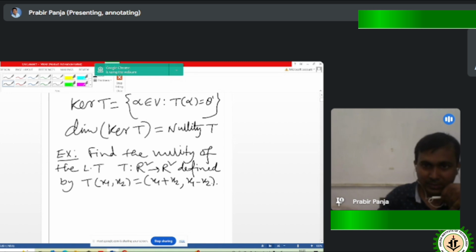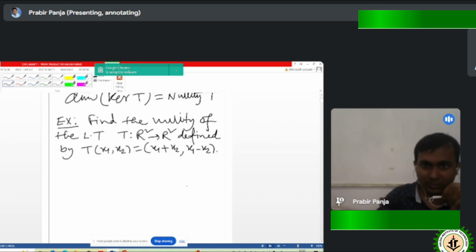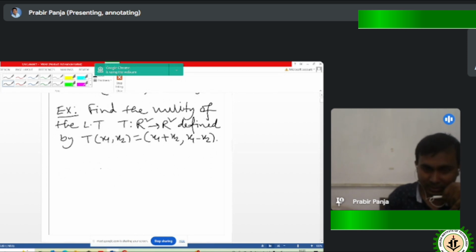So this is a linear transformation defined here, and we have to compute the nullity of this linear transformation. Now, first of all, we will compute the kernel of T.